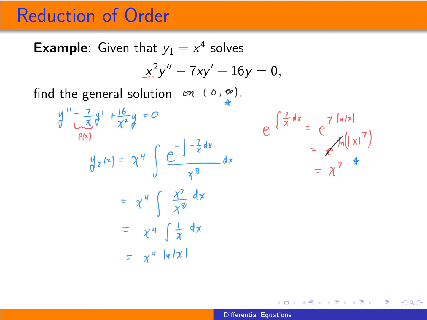What we are guaranteed by the method of reduction of order is that this function y2 must be a second linearly independent solution. And that immediately tells us what the general solution will be. It's made up by being c1 times y1 plus c2 times y2.